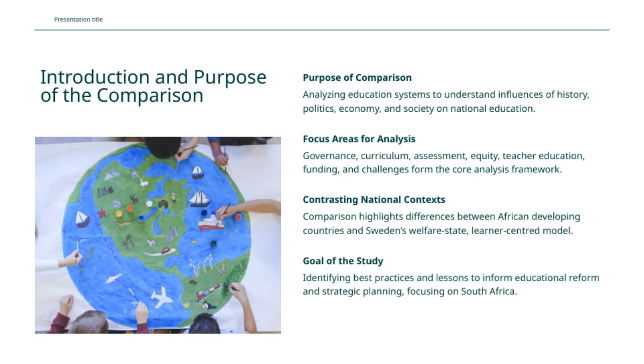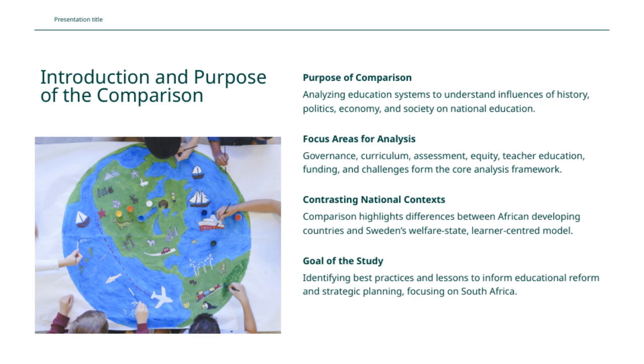Today, I want to talk about the purpose of this comparison. Essentially, we're analyzing different education systems to better understand how factors like history, politics, economy, and society influence the way education is structured and delivered in various countries. By doing so, we can uncover patterns and insights that might inform improvements.